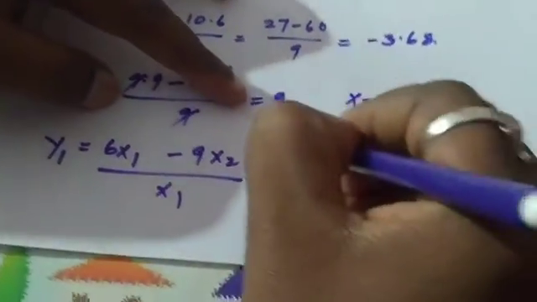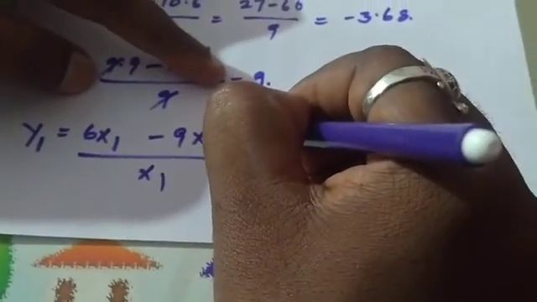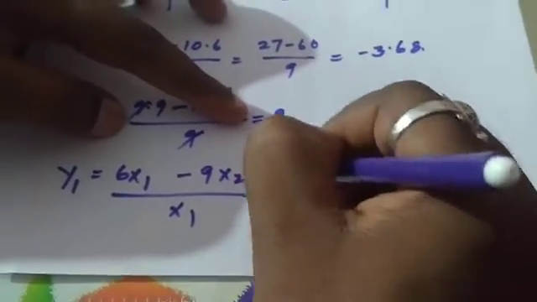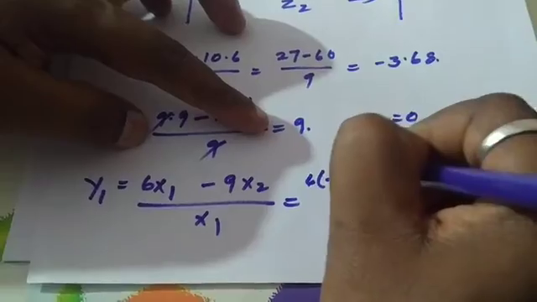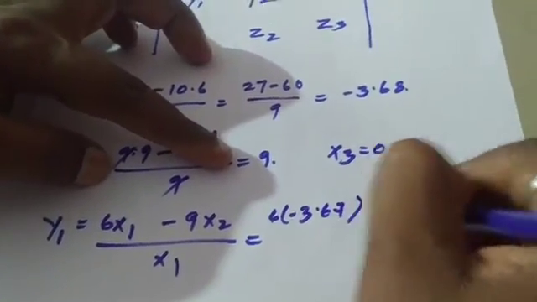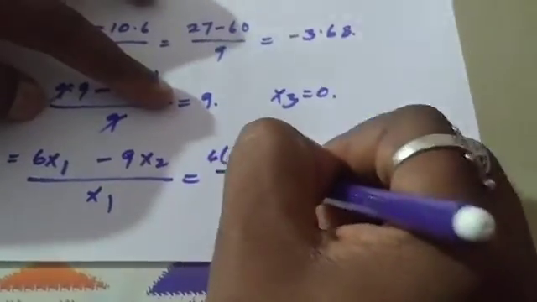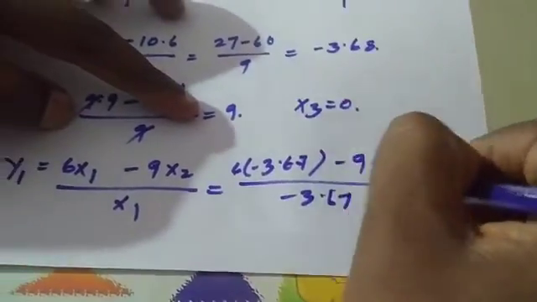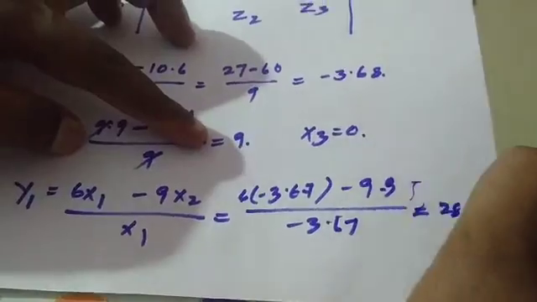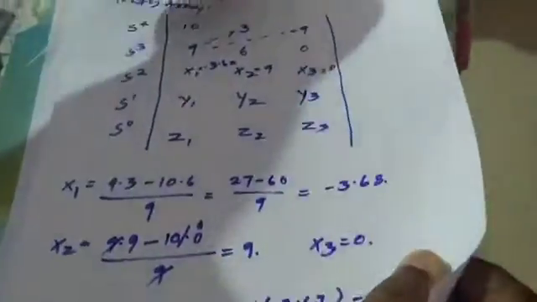You substitute the values of x1: (6 into minus 3.67 minus 9 into 9) divided by minus 3.67, which is equal to 28.67.